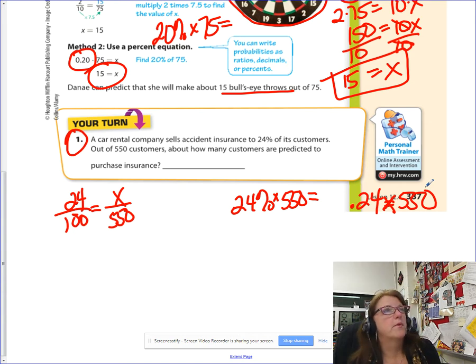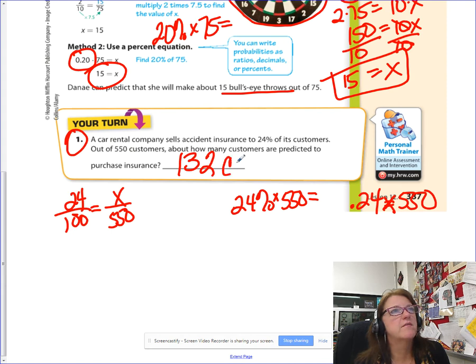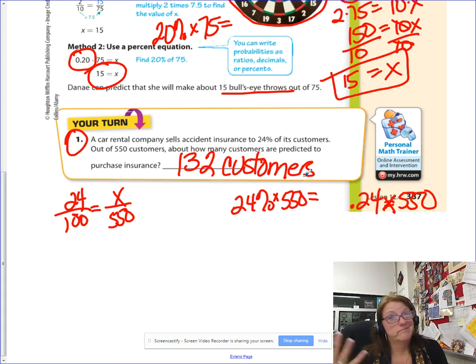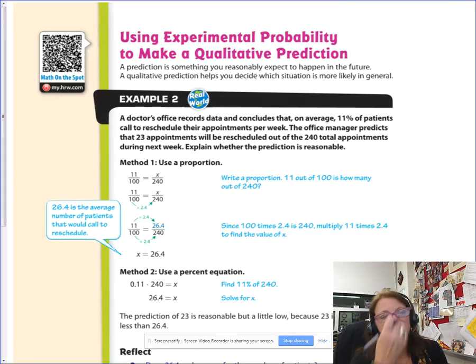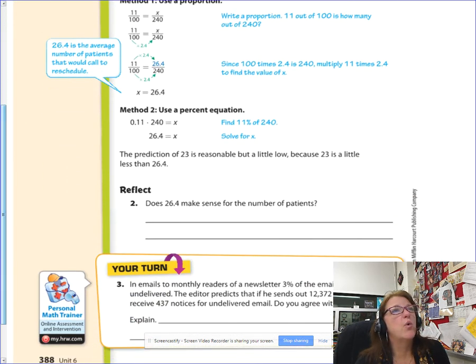When we plug this one in, regardless of which way you go about solving it, you should get approximately 132 customers. That's our prediction. Pretty straightforward, I'm telling you. Now they're saying, how can you use this information to make what they call a qualitative prediction?